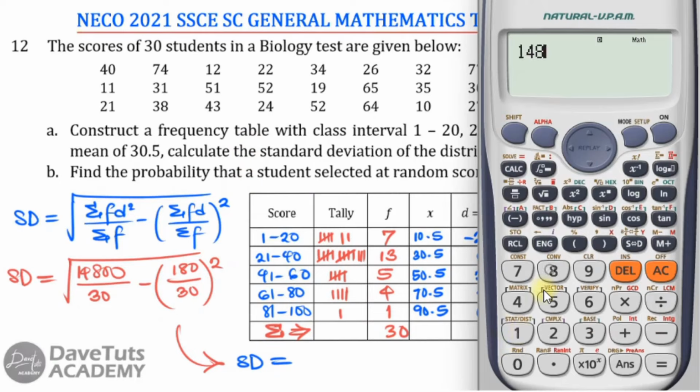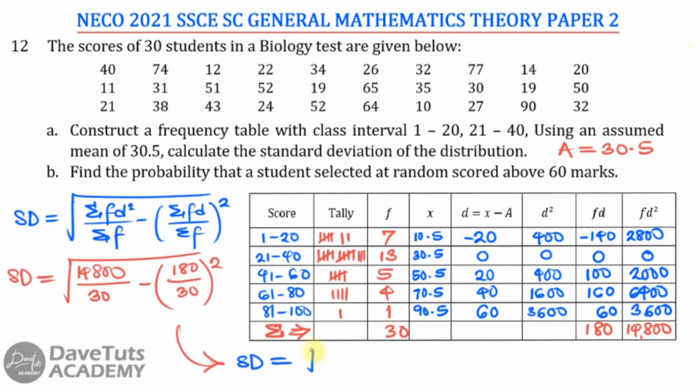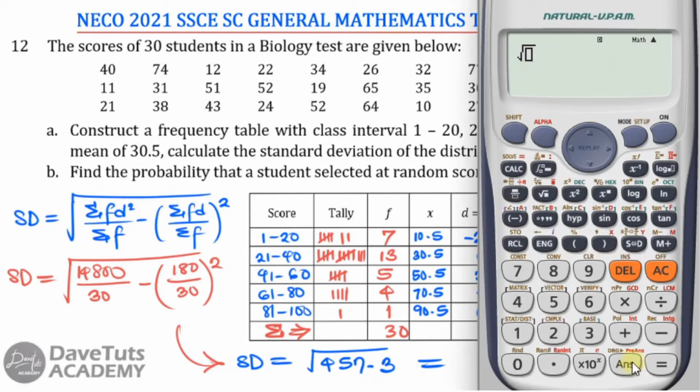So we have 14,800 divided by 30, minus 180 divided by 30 to power 2. So this is 457.3. I'm going to find that square root. So this is the square root of 457.3, and if I evaluate that, this is 21.385353.